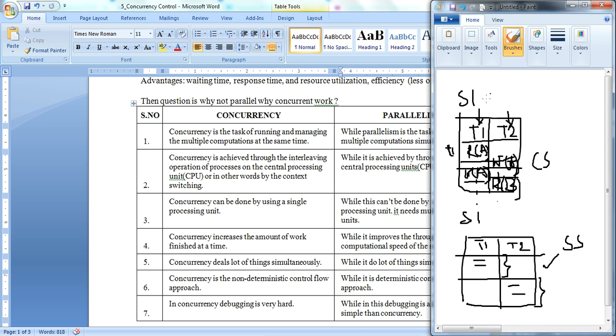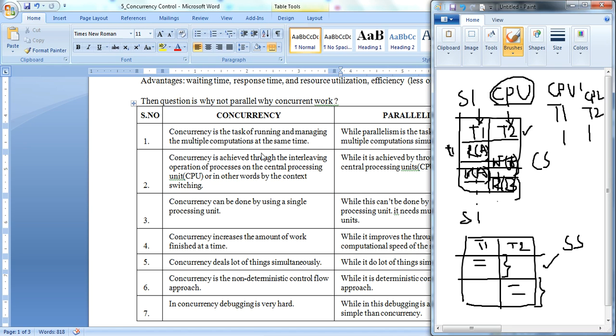Like this schedule run by CPU 1, but in parallel, T1 may be executed by CPU 1 and T2 by CPU 2. That is parallel: T1 and T2 run in parallel. But under concurrency, a single CPU executes this process simultaneously, T1 and T2.